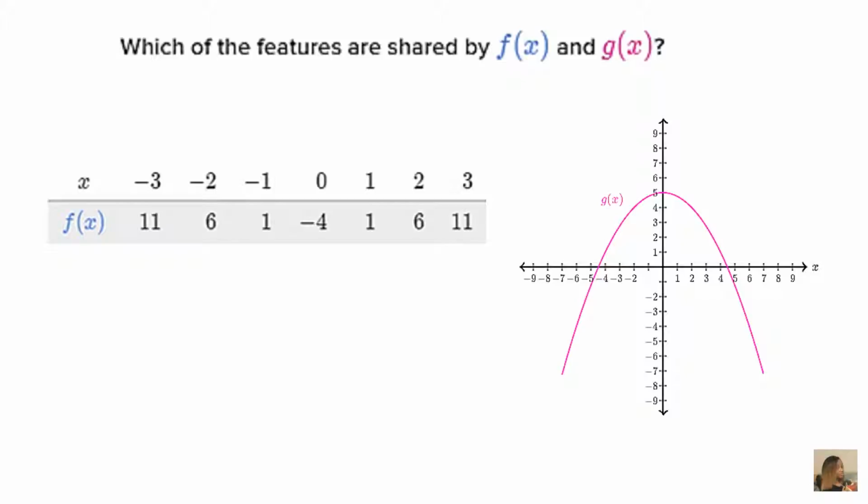Let's consider whether or not functions f of x and g of x are periodic. In case you're unfamiliar with the term, a periodic function is a function that repeats its values over regular intervals.